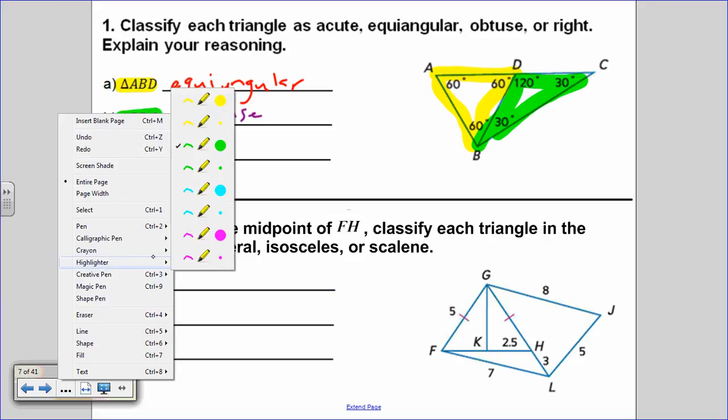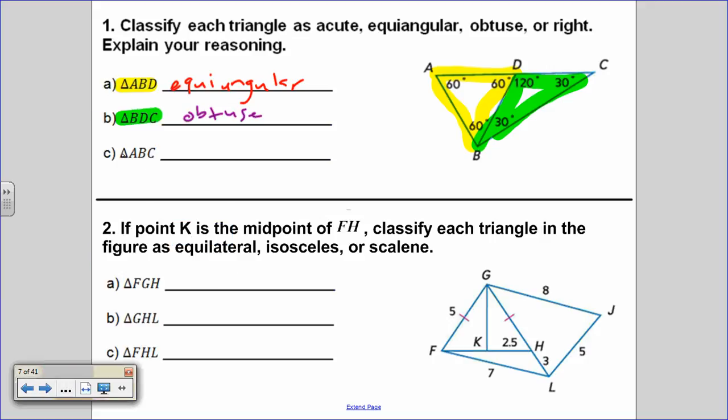And last but not least, we have triangle ABC, which is the big one combining both of those smaller ones. When I look at this angle, we have 60 degrees here, 30 degrees there, and then in this bottom corner here, we have 60 and 30 together, which would make 90.